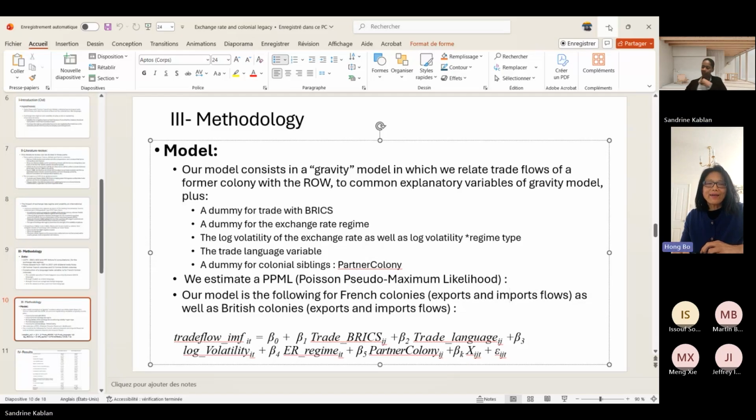Okay, but I heard a lot of good connections. I think particularly you chose exchange rate and volatilities, so naturally you can connect this with the international payment system. Look at how they treat it now.